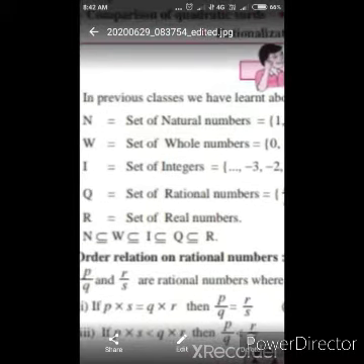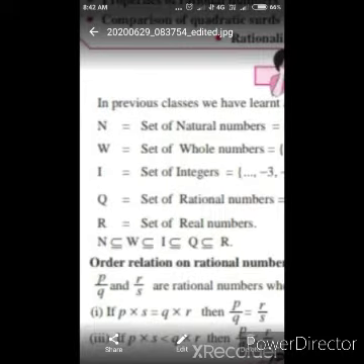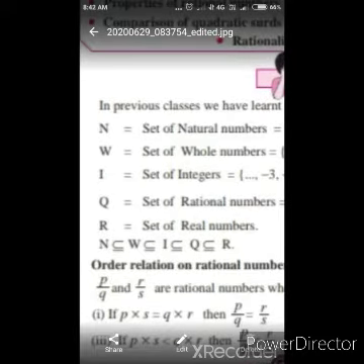For example, 1 upon 2, 3 upon 2, minus 3 upon 2. So these numbers are rational numbers. Let us see the set of real numbers, denoted by the capital letter R. Real numbers means natural numbers, whole numbers, integers and rational numbers. Including all these numbers are called real numbers.